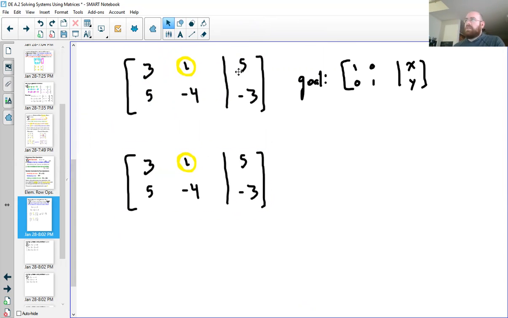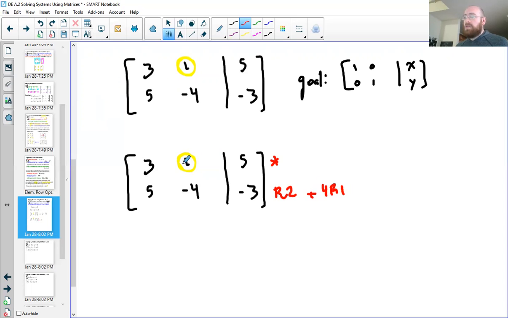I'm copying this only because I didn't want to erase the goal part. So what we're going to do is, because I'm going to use this 1 to get rid of the -4 beneath it, this first row is our pivot. So I'm going to mark it with a star. And then the second row, I'm going to replace with row 2 plus 4 times row 1, because -4 plus 4 times 1 is 0.